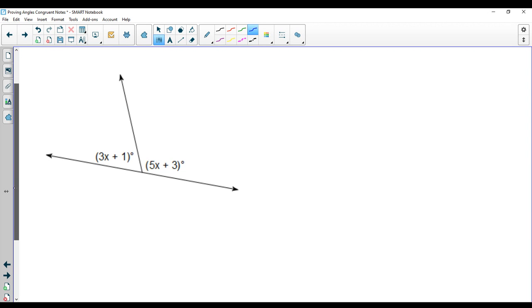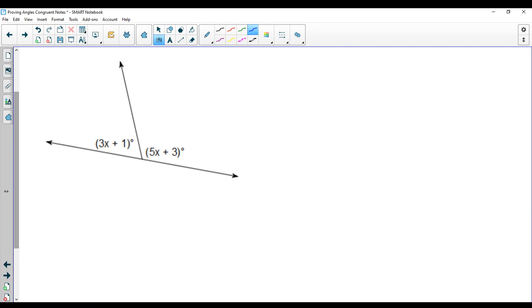Alright, so same thing, we're going to solve for x, but notice this picture is a little different. Vertical angles make an x shape, like X-Men. These are no longer vertical in this example. These are supplementary angles because I can draw a half circle.